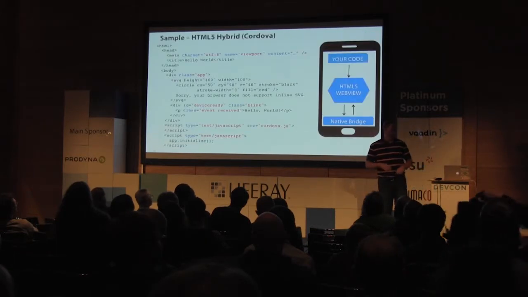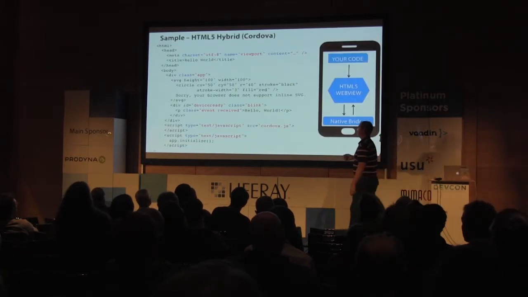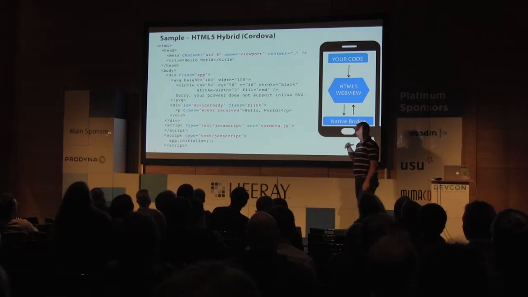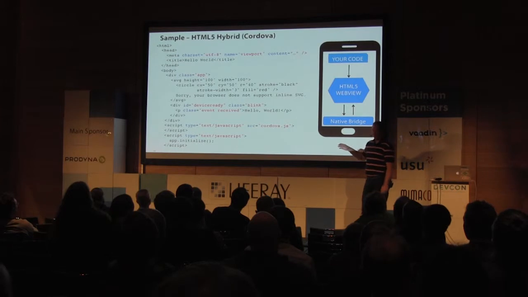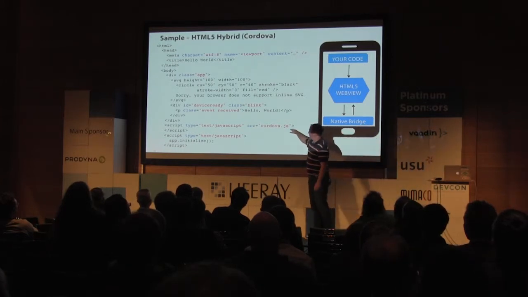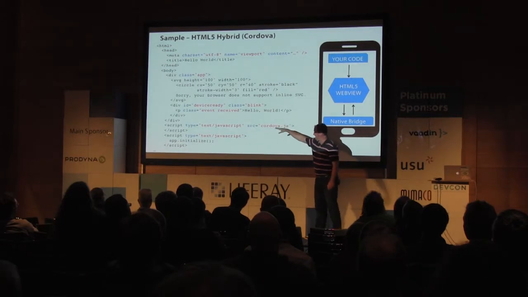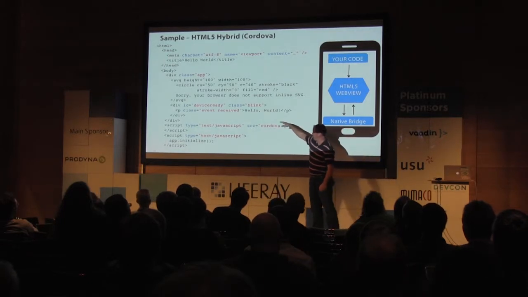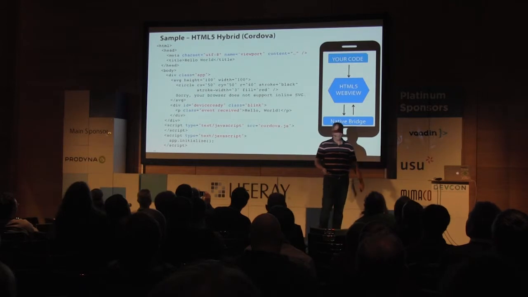So some examples. Here's an example of an HTML5 hybrid app. This is an app written in HTML5, but also using Apache Cordova in this example. This is like the hello world, right? You include this JavaScript, you have an element that is of a particular class that receives an event.